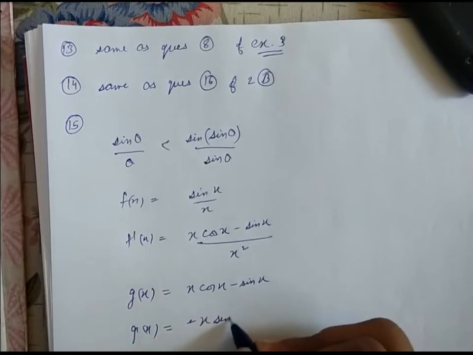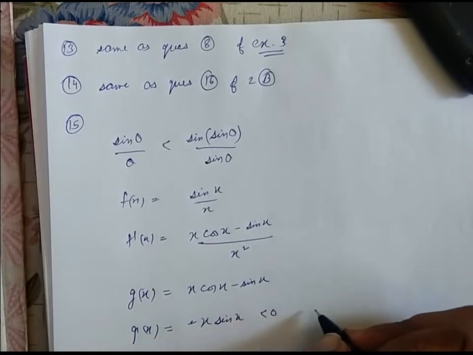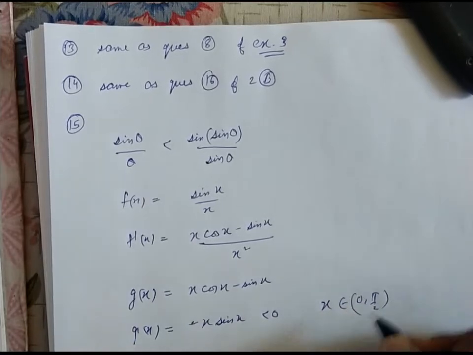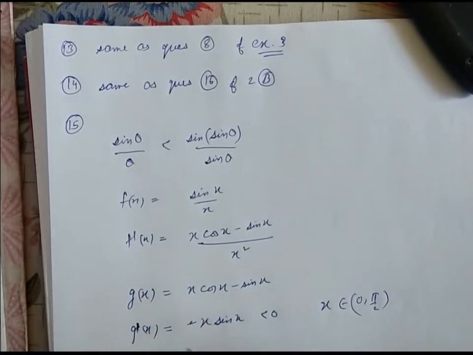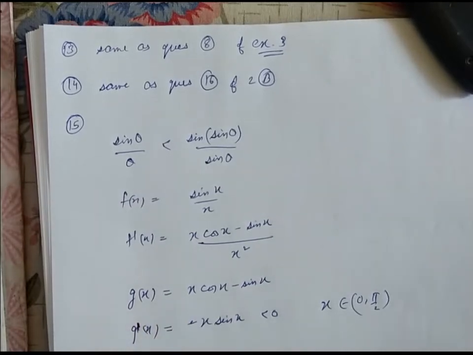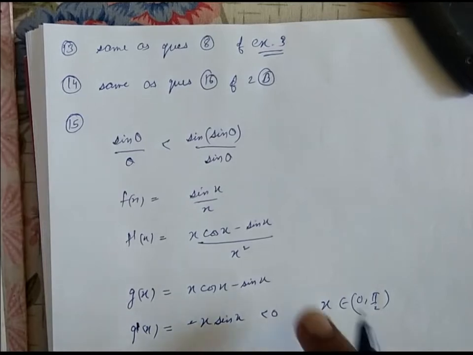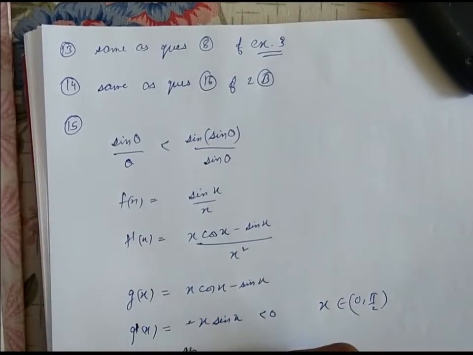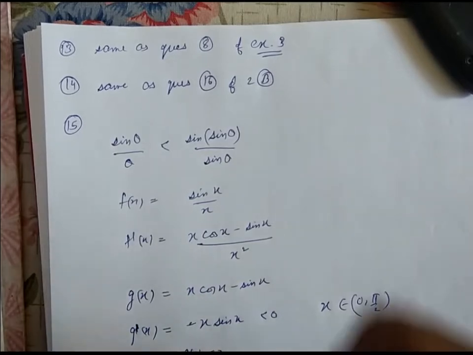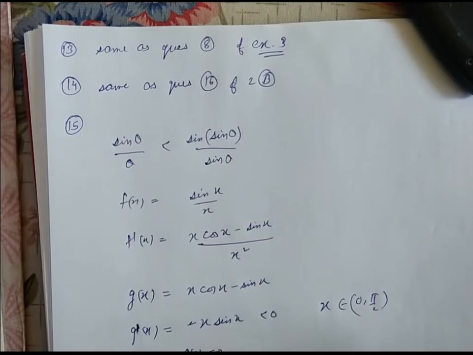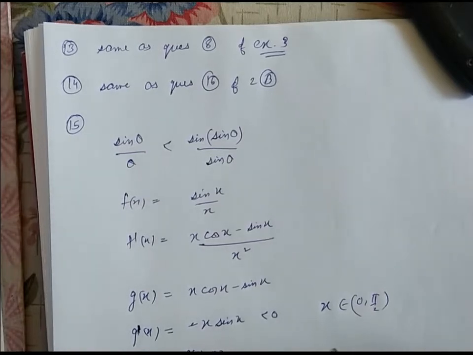And g dash x would be minus x sin x, which is less than 0 if x belongs to 0 to pi by 2. So if g dash is less than 0, then g(x) is decreasing. If g(x) is decreasing, and we also know that g(0) is equal to 0, then g(x) is less than 0 for all x belonging to 0 to pi by 2.